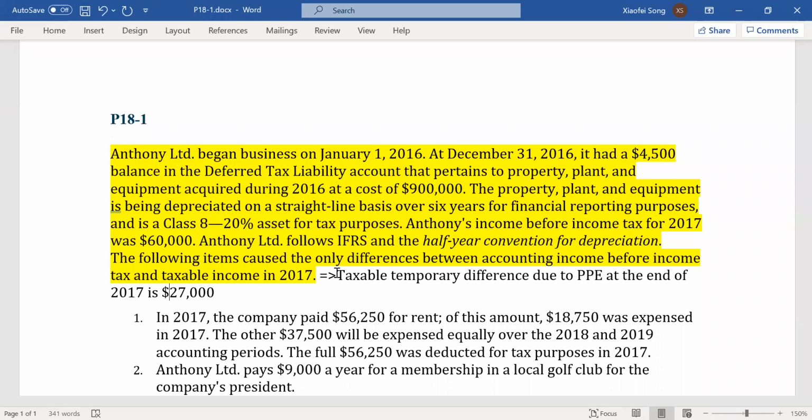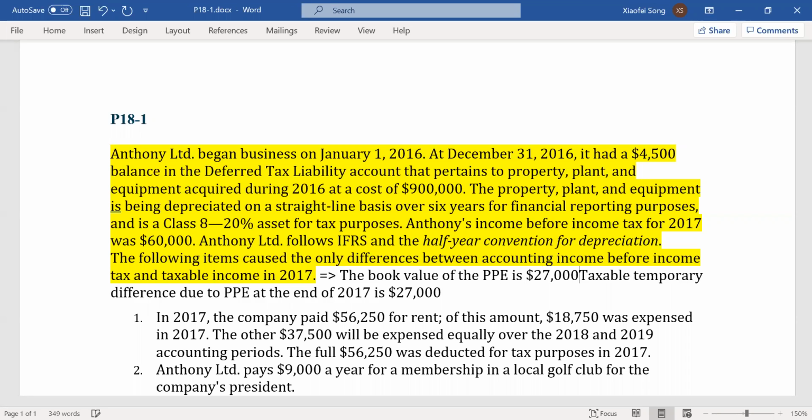The difference between the book value and UCC turned out to be $27,000. The book value of the PPE is $27,000 more than the UCC.